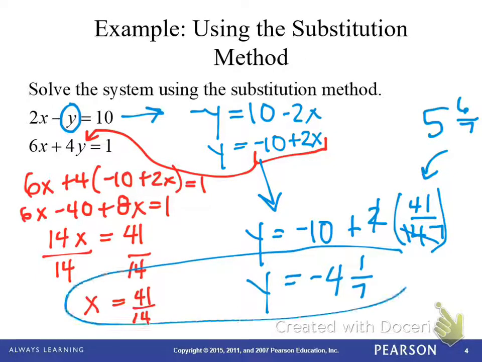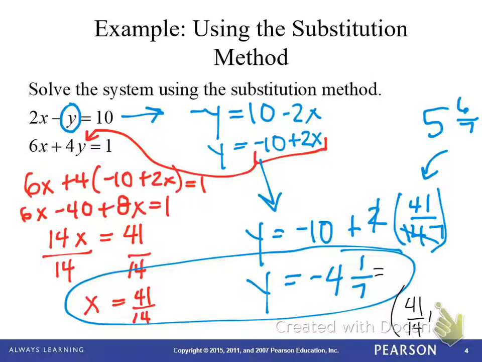And so that gives me the ordered point when I put them together, which is, not 41 over 7, I'm sorry, that's going to be my 41 over 14. And then I want them both either in mixed numbers or in improper fractions just to be consistent.